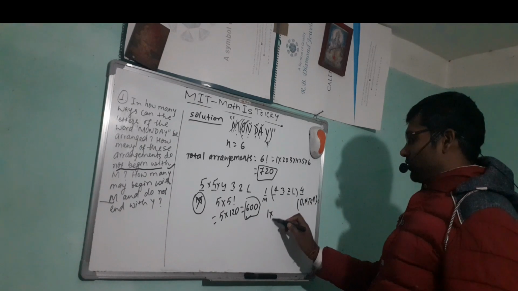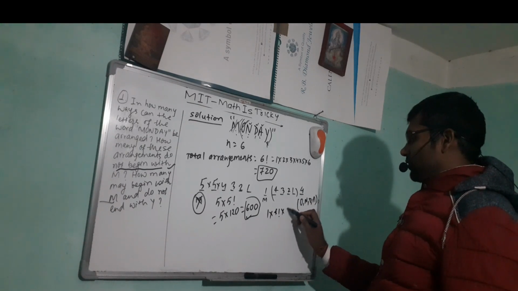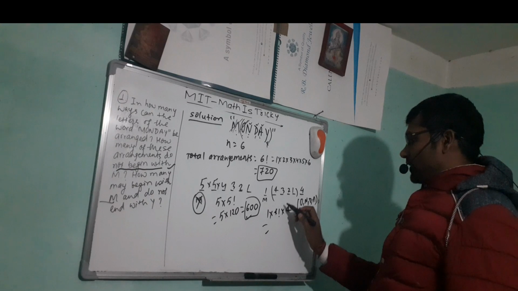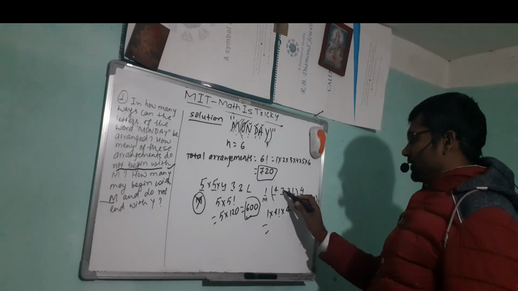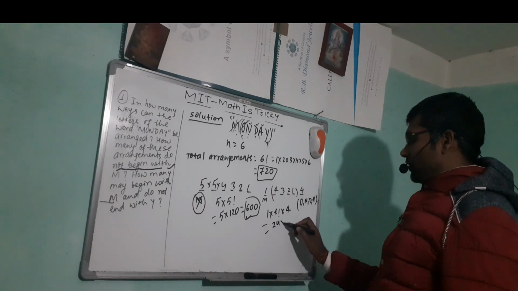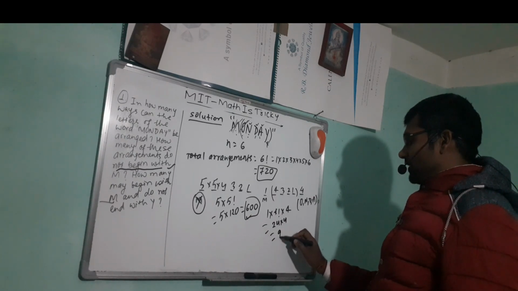That means 1 into 4 factorial into 4, which is 24 into 4, it is 96.